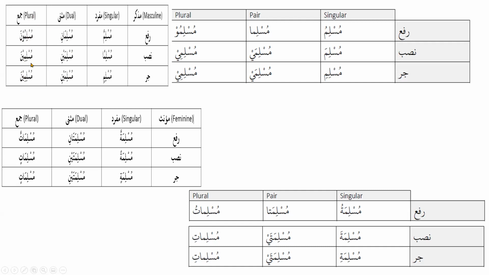In the feminine chart, we have atun and atin, and we can make 2 categories here: atun for human feminine, and atun or atin for non-human feminine. So 3 categories out of the 6 come from our chart.